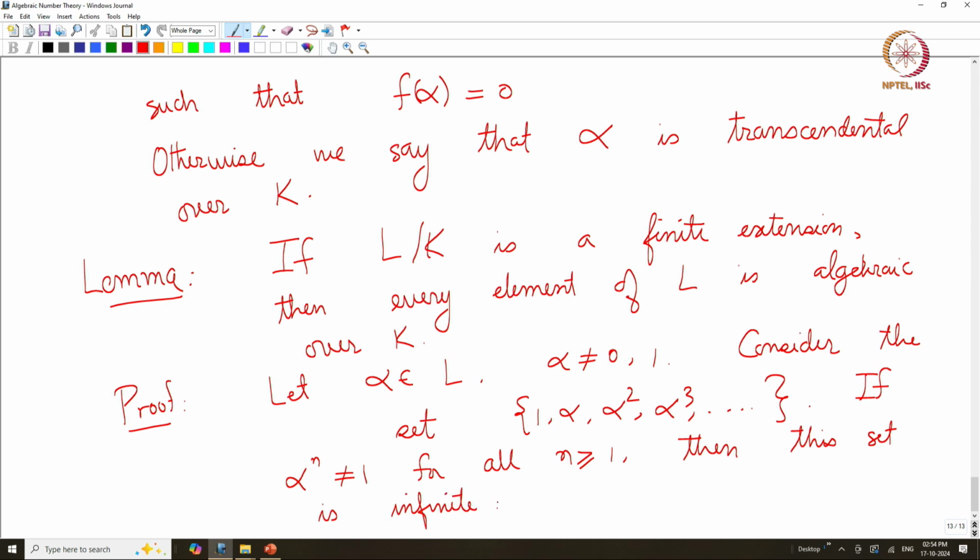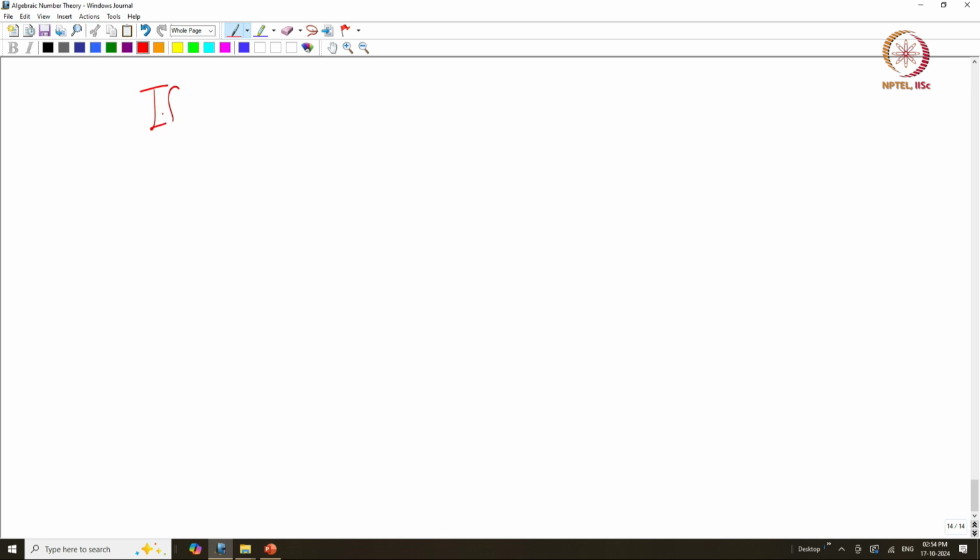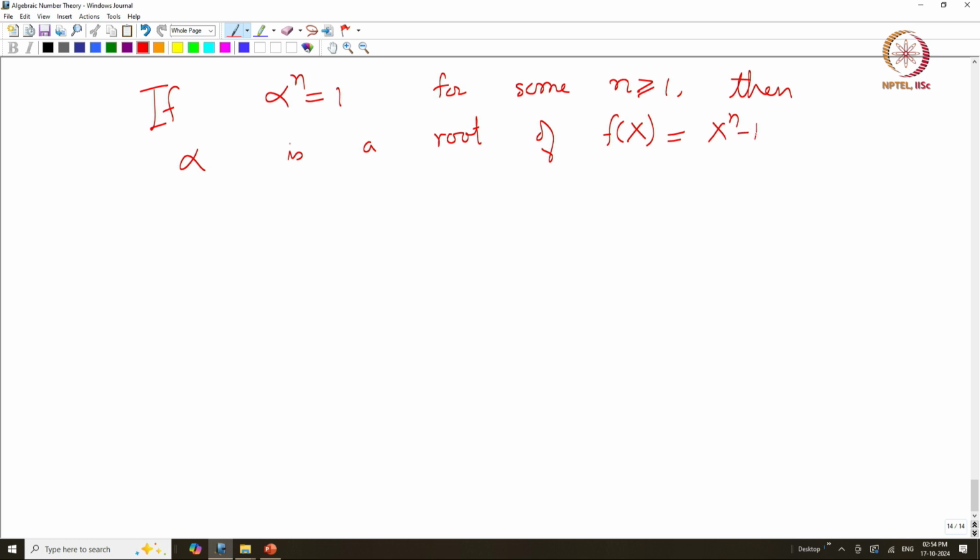Okay. So, what happens if alpha to the n is equal to 1? If alpha to the n equals 1 for some n bigger than or equal to 1, then alpha is a root of f of x equal to x to the n minus 1, which is obviously in K[x] for any field K. So, we assume that this is not the case.